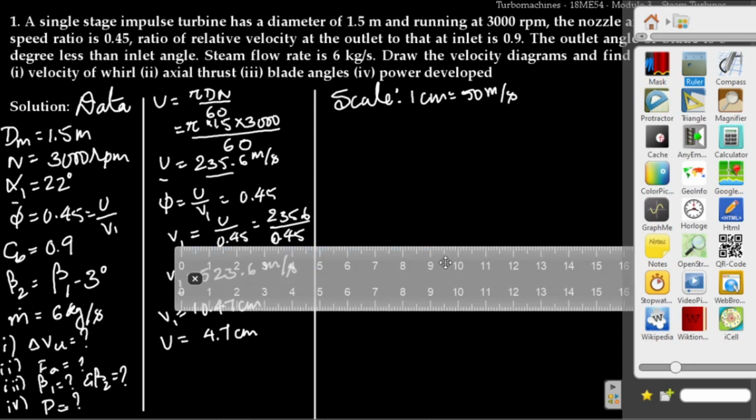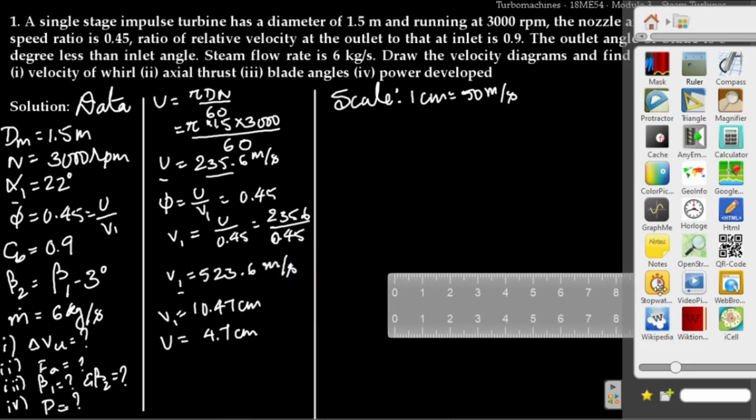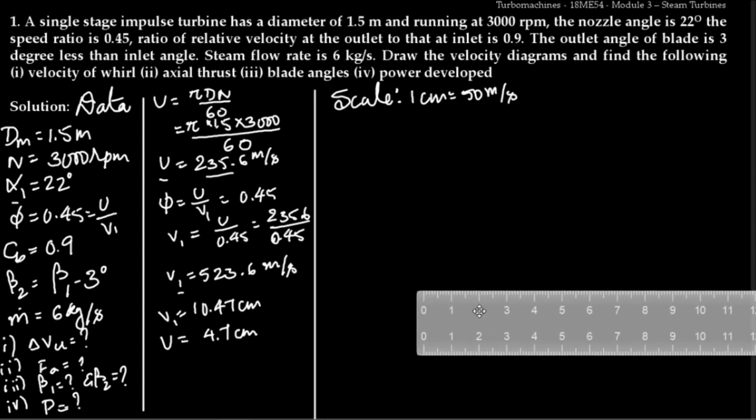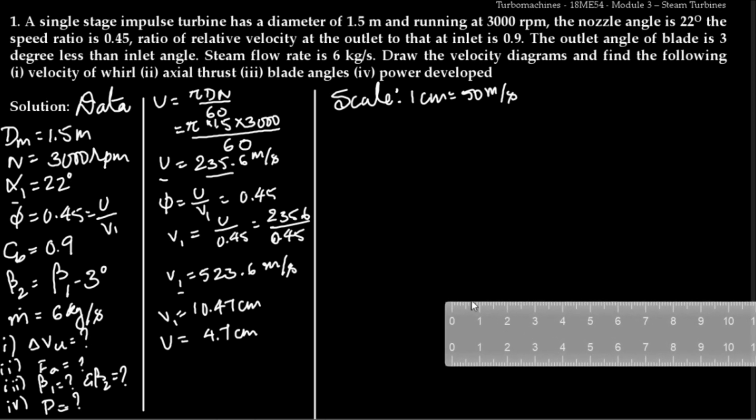Now to draw the velocity triangle, I have inserted a ruler here. Now I need to construct the line. So I'll try to keep this at the center of the book. Now I need to draw a line for a length of 4.7 centimeter.